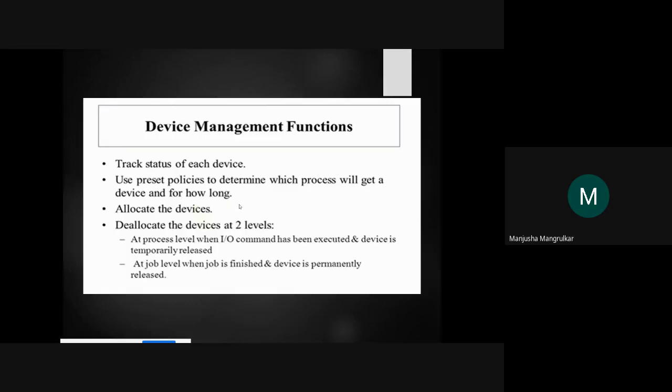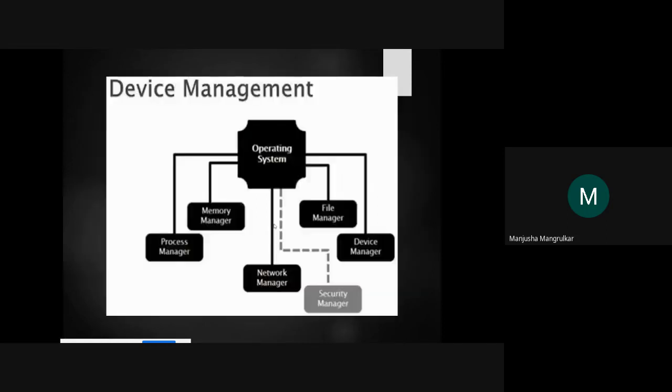No, the device management will decide. Whichever document has the first request gets the device allocated, so that printer job is printed first, and then the next job is allocated to the printer. That is done by the device manager: allocating the device and deallocating the device. This is the main function of the device manager, right?